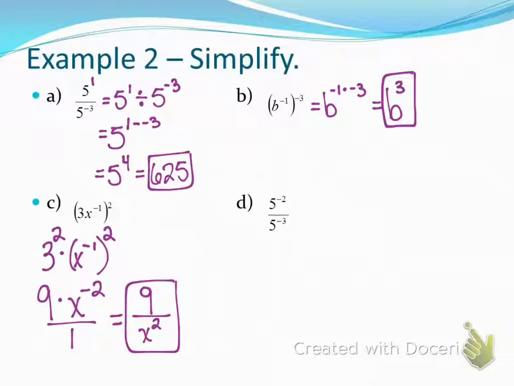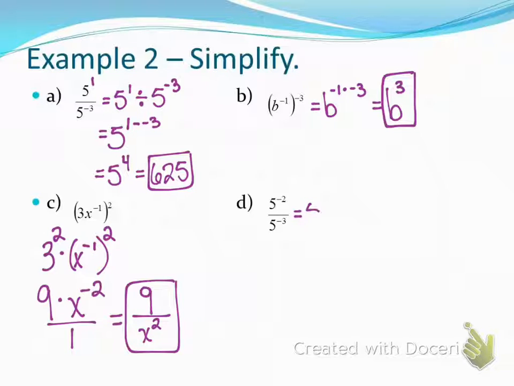All right, letter D, what type of problem is it? Quotient, yes. Quotient meaning what operation are we doing? Division. Fraction bars should make you think division. So if you want to, you can rewrite it with that division sign instead of a fraction bar, but you don't have to.